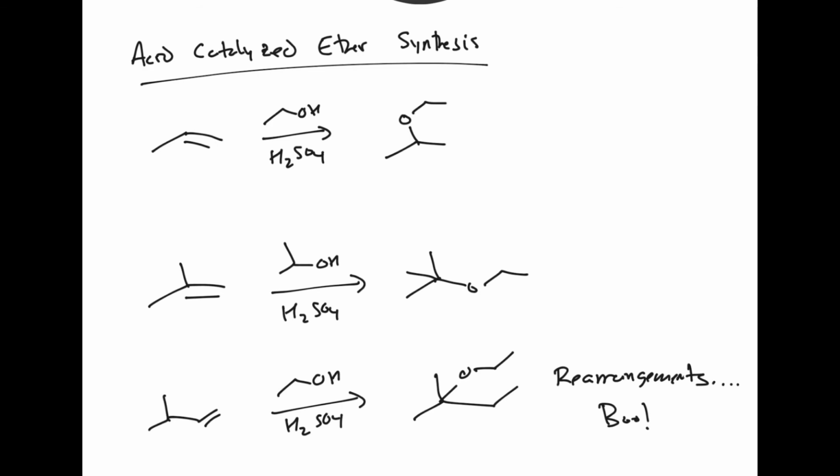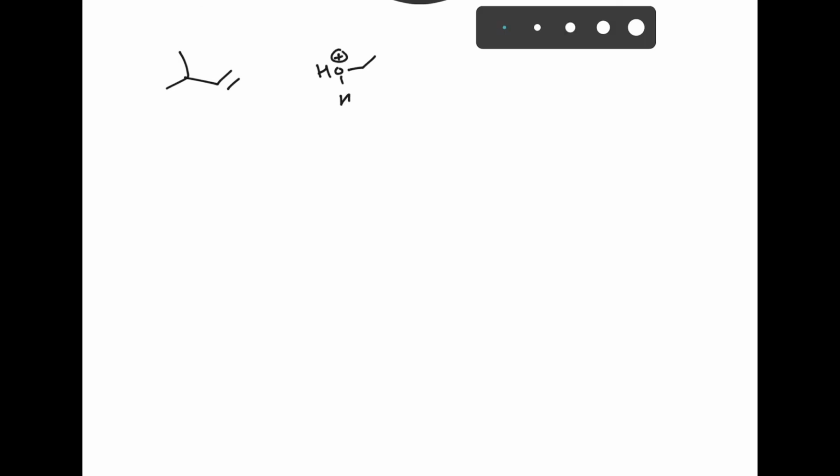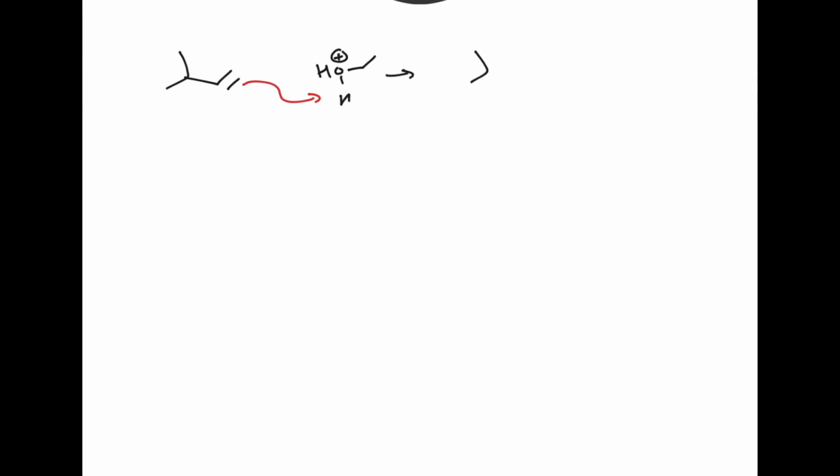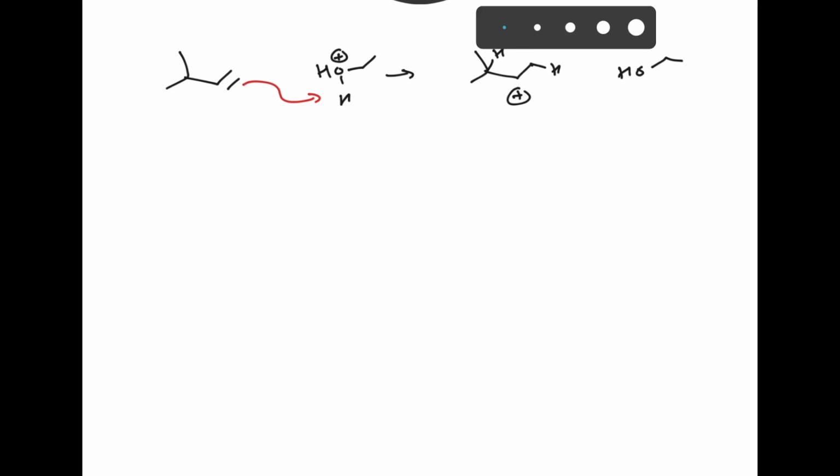Rearrangements. Boo. Right, so what happens here, I'm gonna give myself some more space, is you have your protonated alcohol, you make your carbocation, and before your oxygen has a chance to add, you have to check: oh, I'm a secondary carbocation, can I rearrange somehow? You can move this hydrogen.